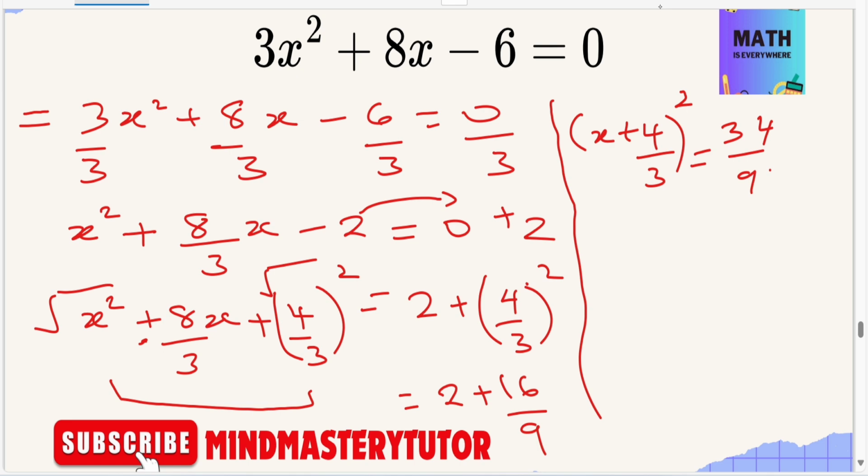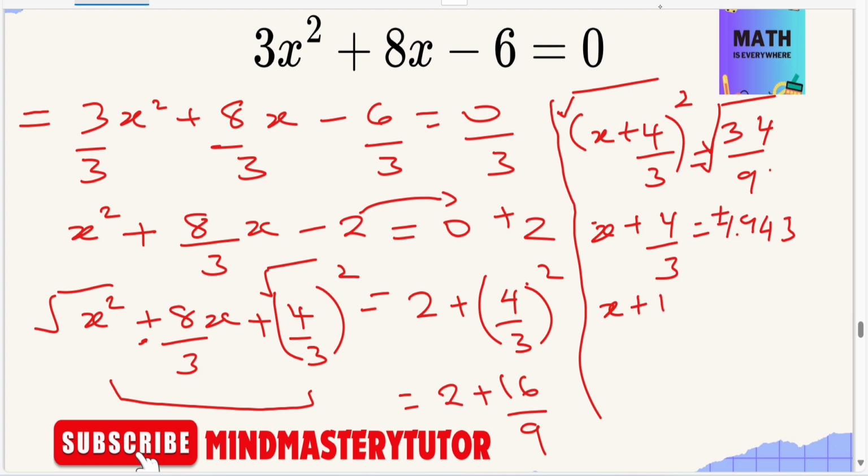So therefore, x square root this, itakupa x plus 4 over 3 equal to the square root of 34 over 9. The answer gives you around 1.943. So it's either positive or negative, remember. So remember 4 over 3 ni 1.333.